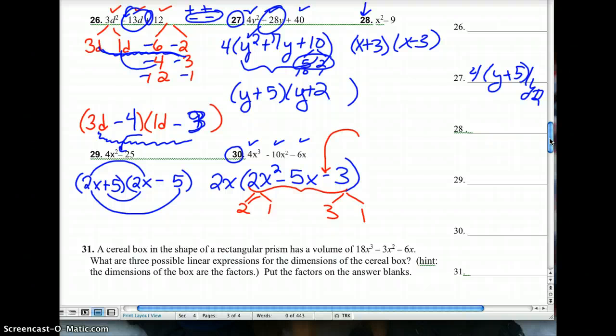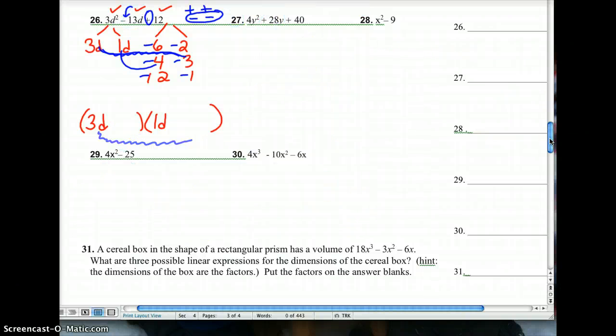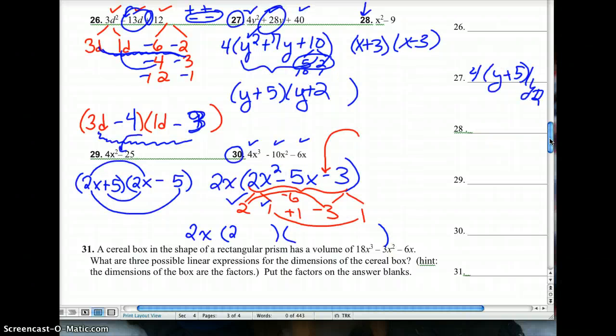If we look at it, we can get a negative 6 out of 2 times negative 3 and a positive 1 out of 1 times 1. So I can break this up a little farther. I just have to be careful how I organize it. I have the 2x I pulled out originally. I need to lead in a 2 and a 1x for my first terms.